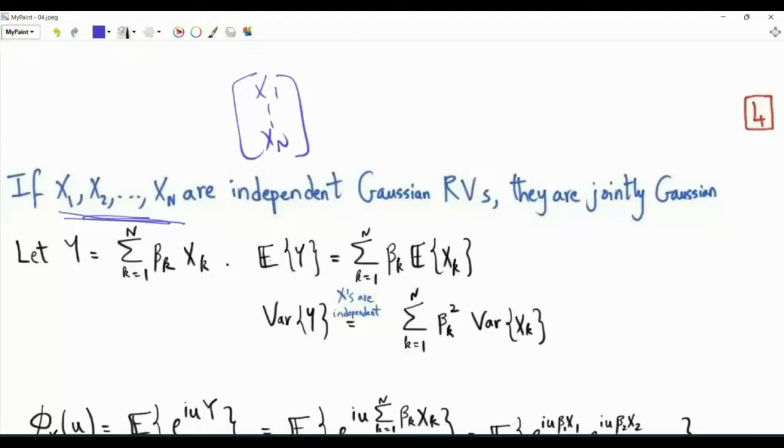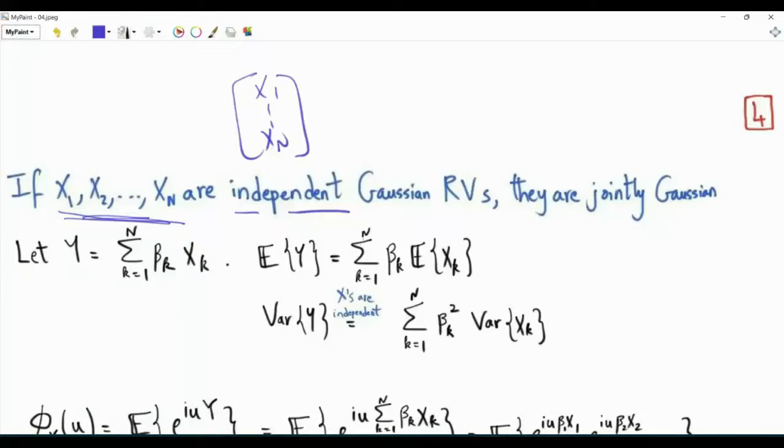So if you have Gaussian random variables and you don't know anything about them other than that each one of them is Gaussian, it's not guaranteed that they are jointly Gaussian. But if we know further that they are independent, then yes, they are jointly Gaussian.